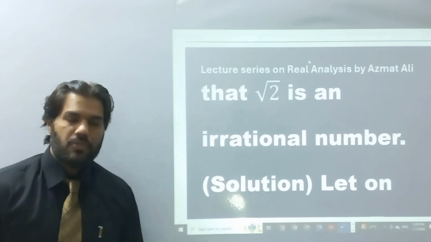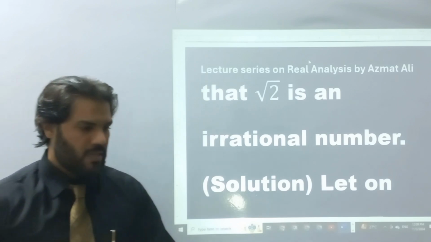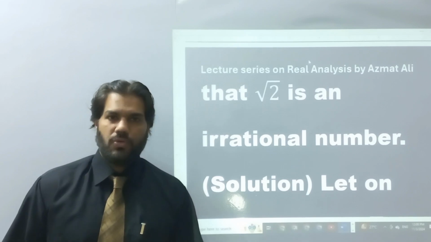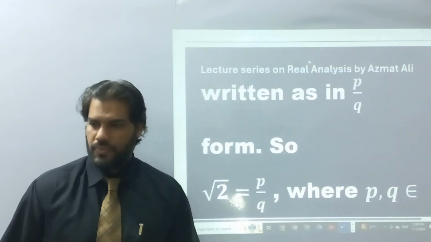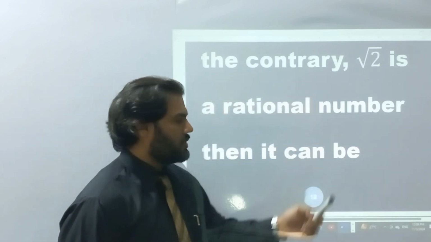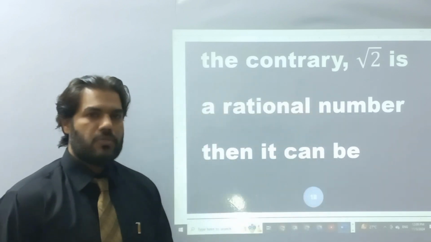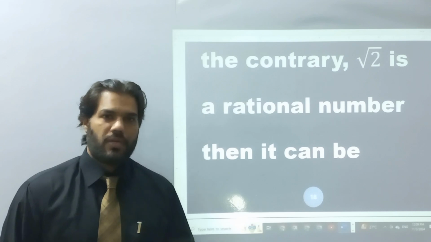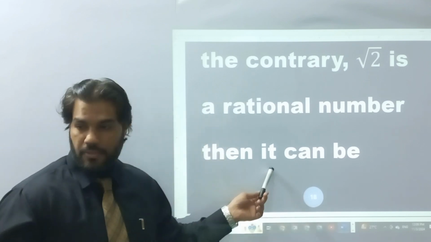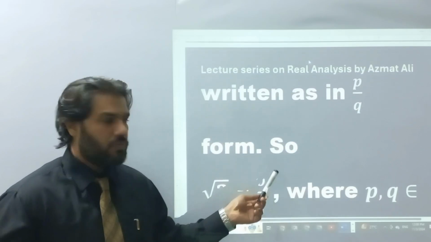To prove this, we will use contradiction. Let on the contrary that square root 2 is a rational number. You know that if square root 2 is a rational number, you can write it in p over q form.